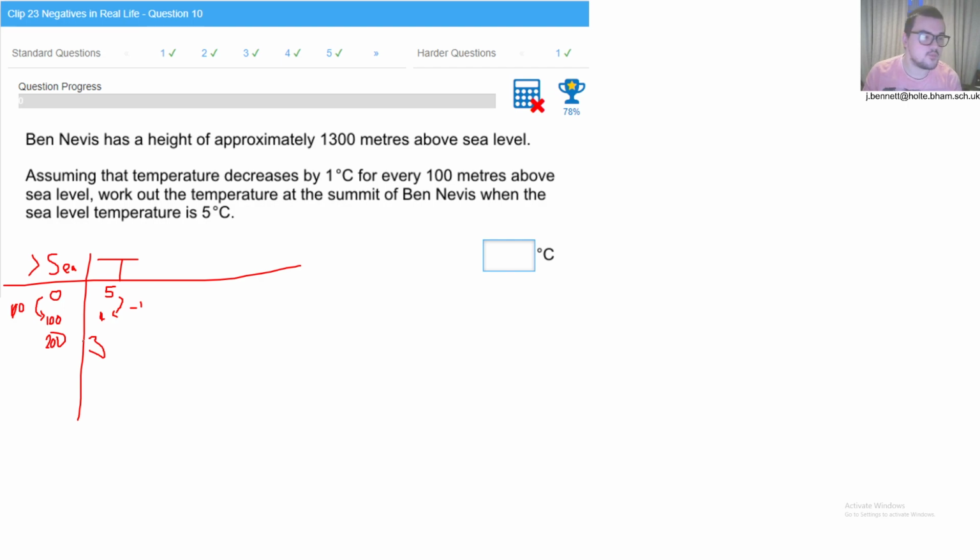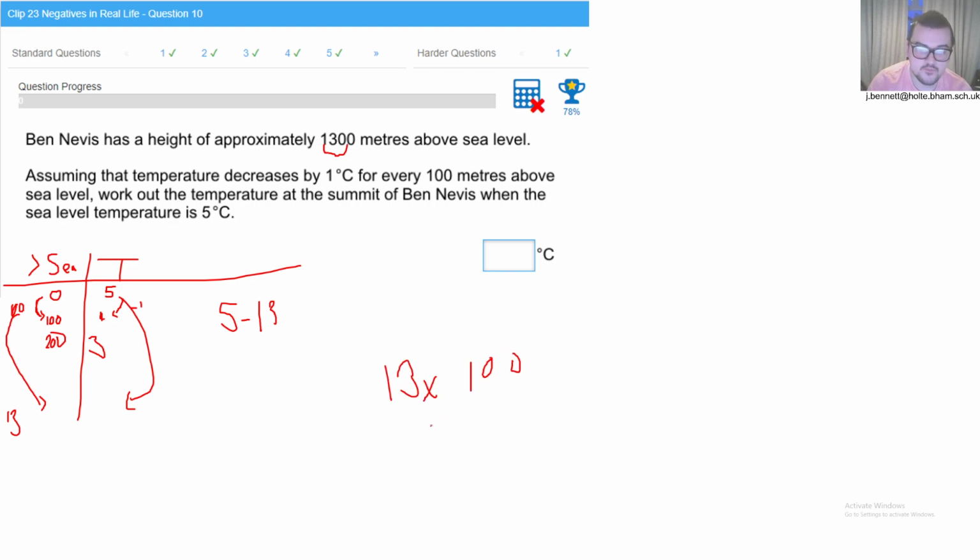So we want to know how many times are we going up. Well, we're going up 13 increments up to 1300. So if we go up here 13 times, we're going down here 13 times. So it's 5, which is our initial temperature, subtract 13, because we've gone above sea level 13 lots of 100.